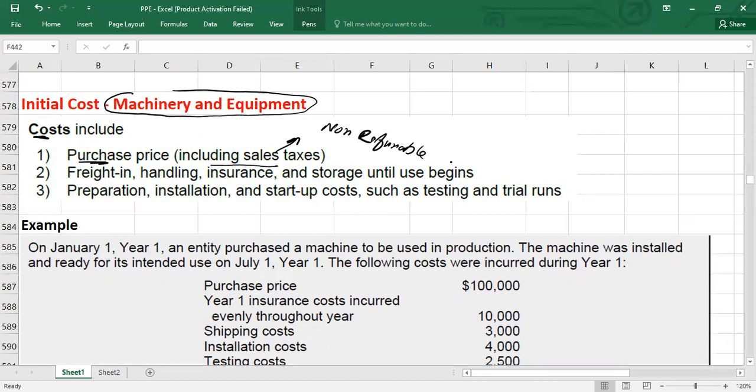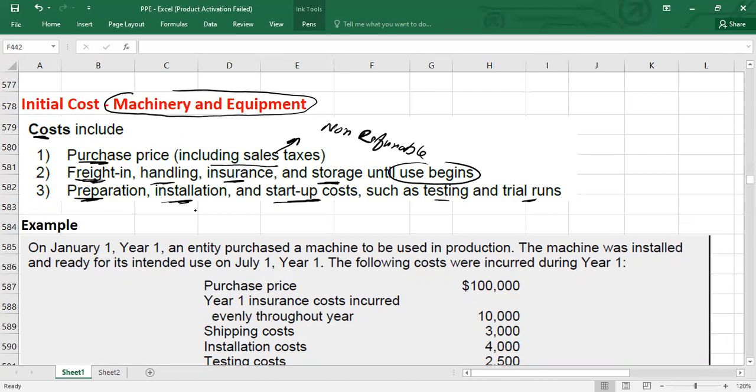Then you might include the freight in cost, handling cost, maybe loading, unloading, and insurance cost, but insurance cost only until the asset is ready for use. And storage cost also until the use begins. Then it might also include preparation cost, installation cost, and startup cost, such as testing and trial runs.